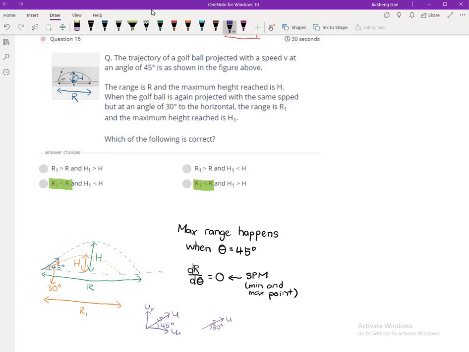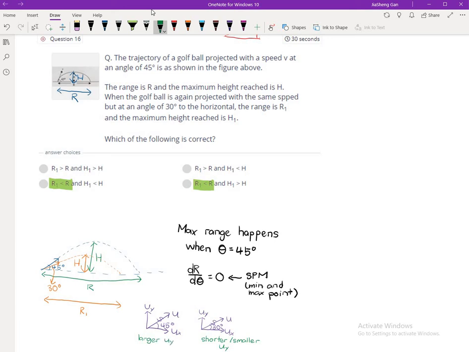You see that if the angle is small, you get a smaller uy compared to a larger angle, where you have a larger uy.